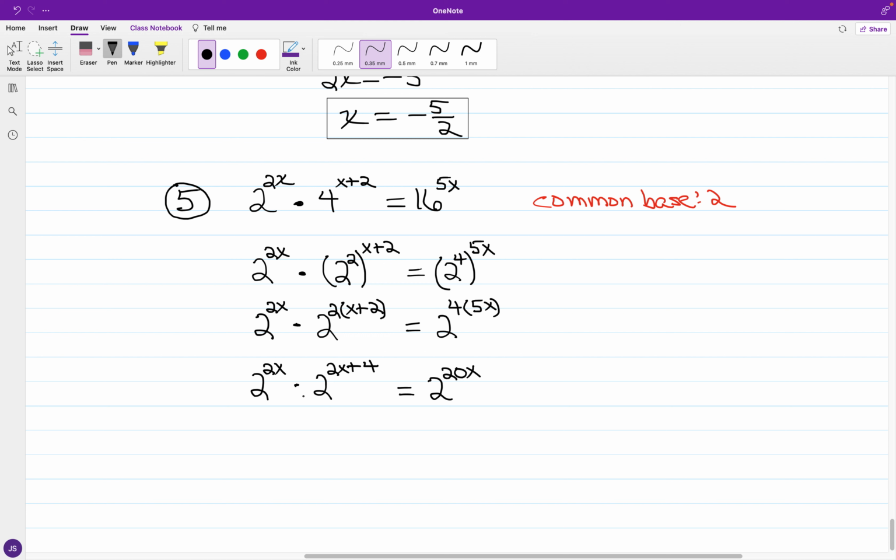Okay, so I have all these terms in base 2, but I have a single term on the right, but I have 2 on the left. And what I can do is I can make these expressions into a single base 2 term. So I can take the product property where I'm going to add the exponents together.